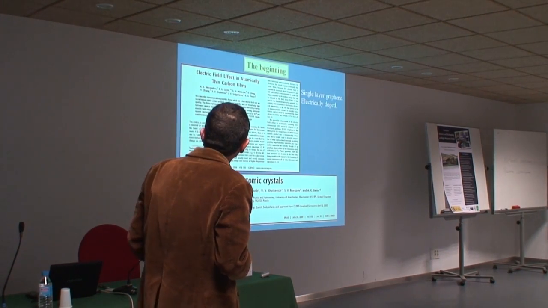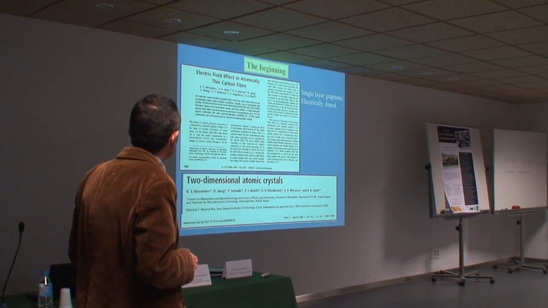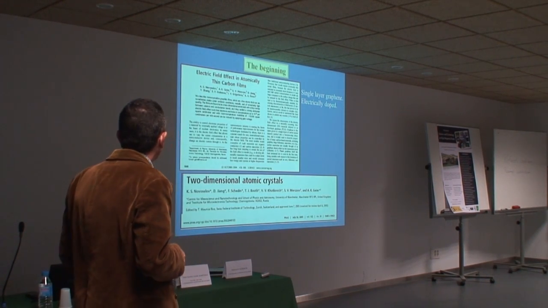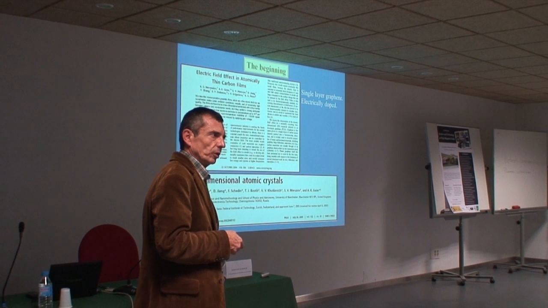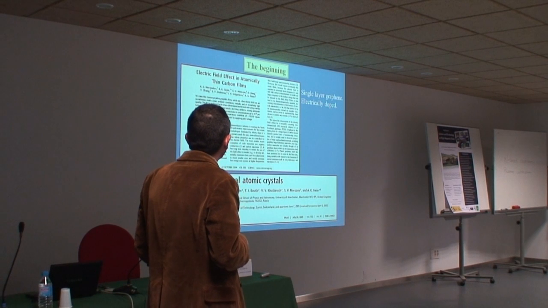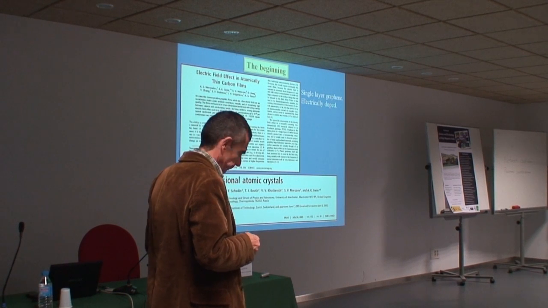And this is the way it started, with these two papers where it was discussed that you can exfoliate graphite all the way to one single atomic layer, and not only that, but you could also use an electric field and induce carriers. Moreover, those carriers have a very high mobility.